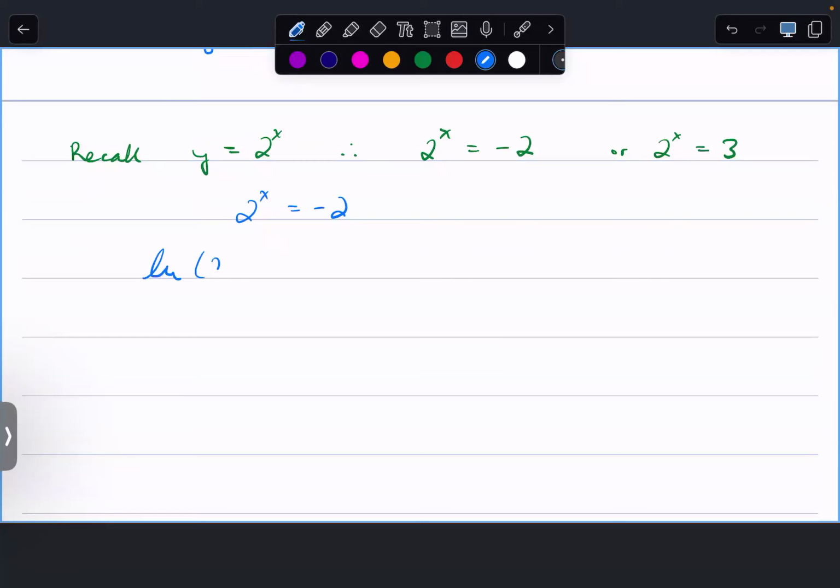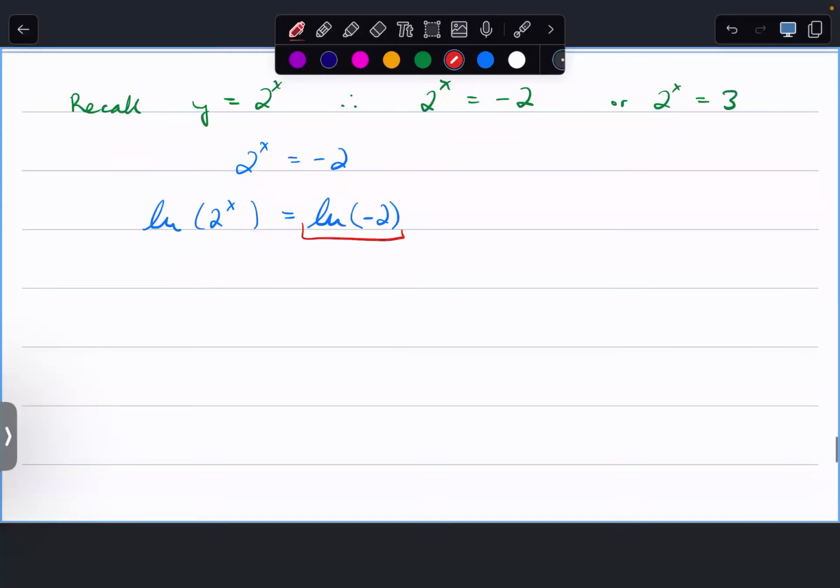So I'm going to use the log of 2 to the x is the log of negative 2, but I can't take the log of negative 2 because that's illegal math. This does not exist. So that can't be an answer.